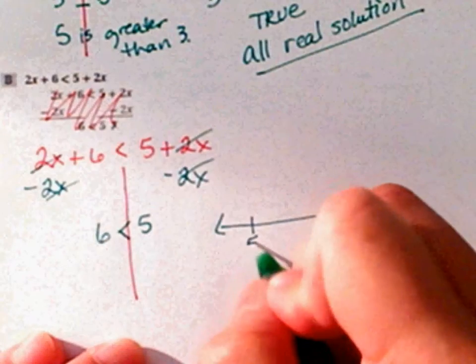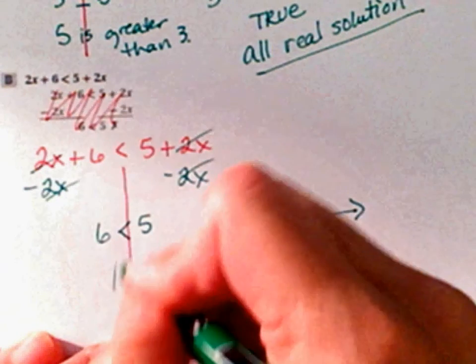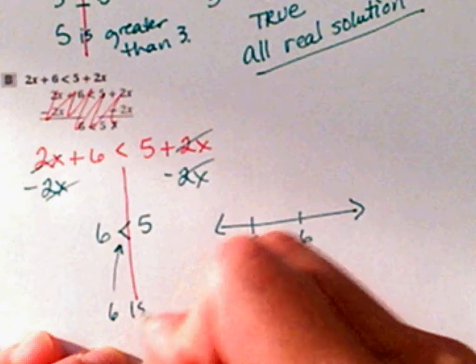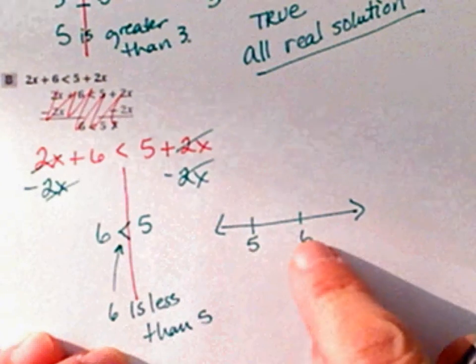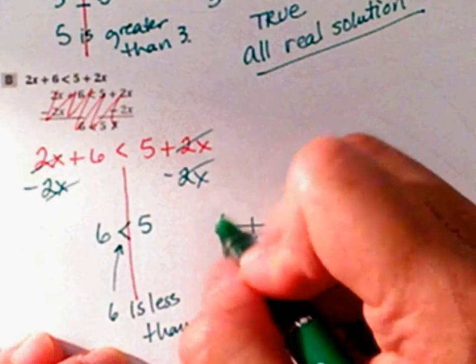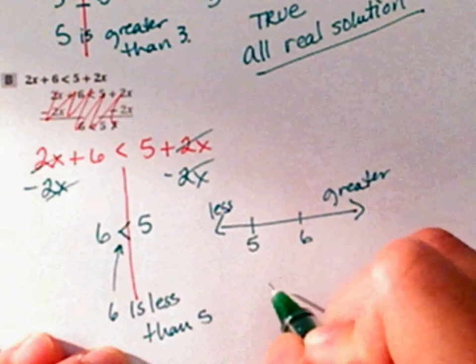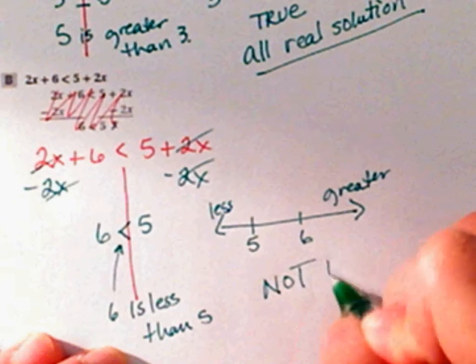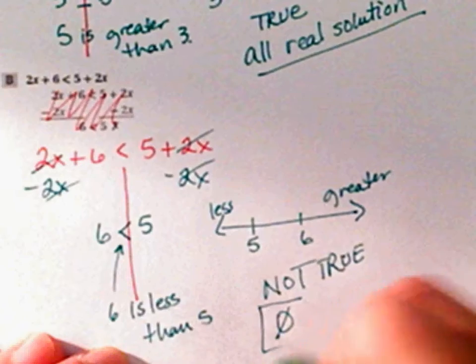Here is 5 and here is 6. This one says 6 is less than 5. Is 6 less than 5? No. This is less than. This is greater than. So this one is not true. And if it's not true, the answer is no solution.